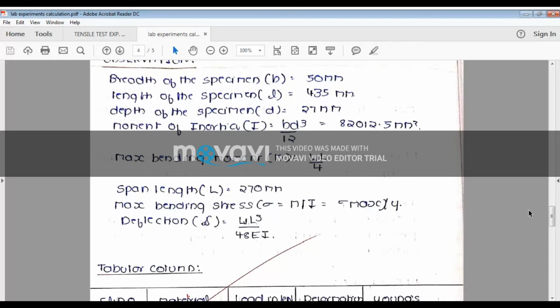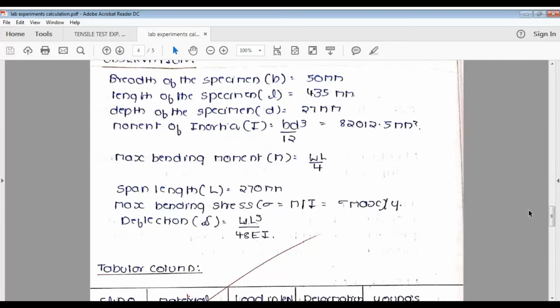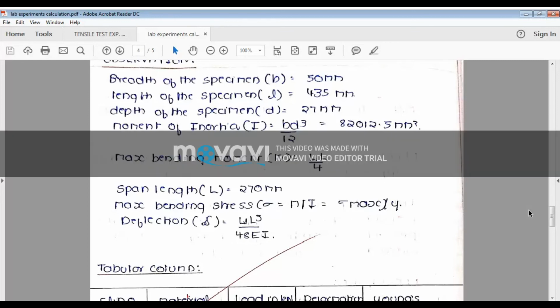82,012.5 mm to the power 4. The maximum bending moment is also obtained by the equation WL by 4 for the maximum load condition, and the maximum bending stress by the bending equation M by I equals sigma max by y.